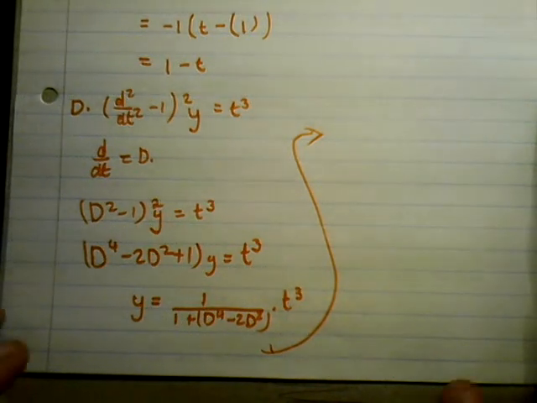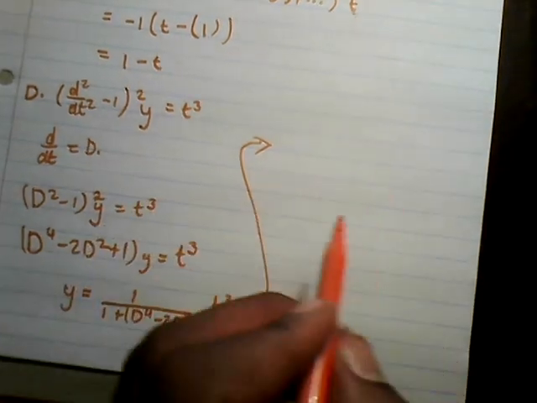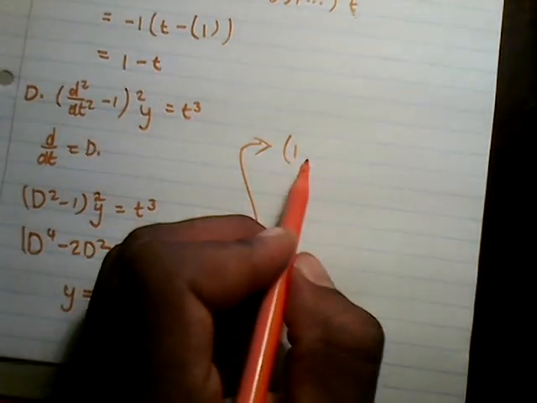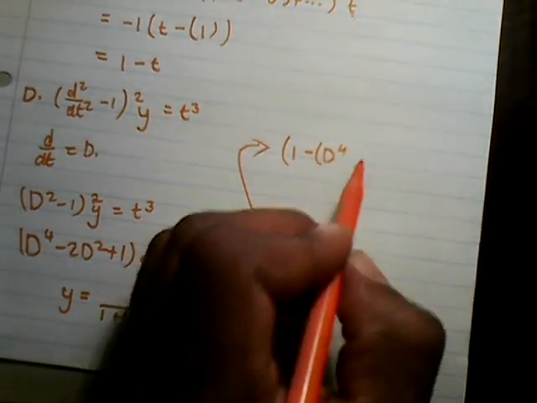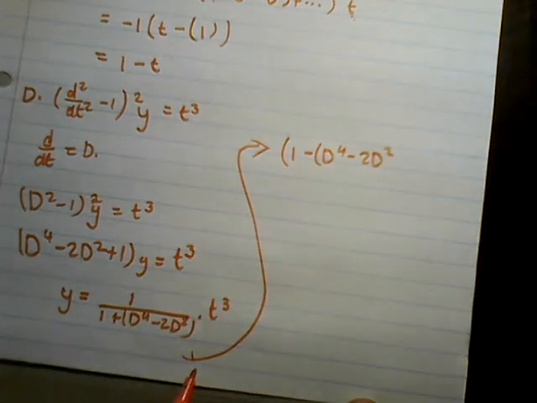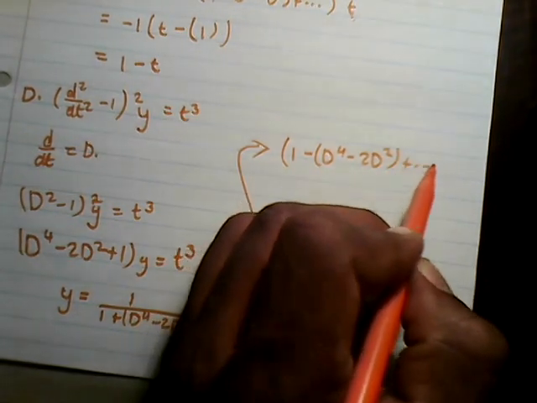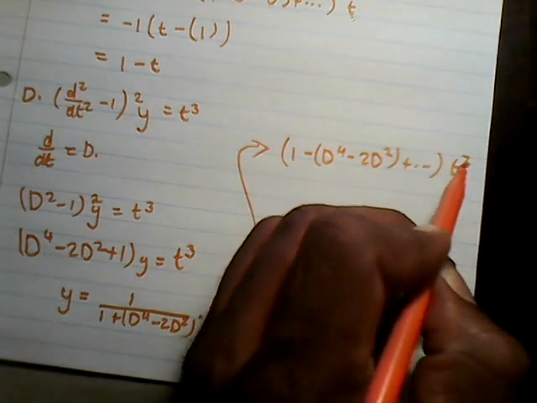Now we're going to do what we are famous for. We say 1 minus D to the power of 4 minus 2D squared, minus 2D squared, and then plus what follows, and then multiply by t cubed.